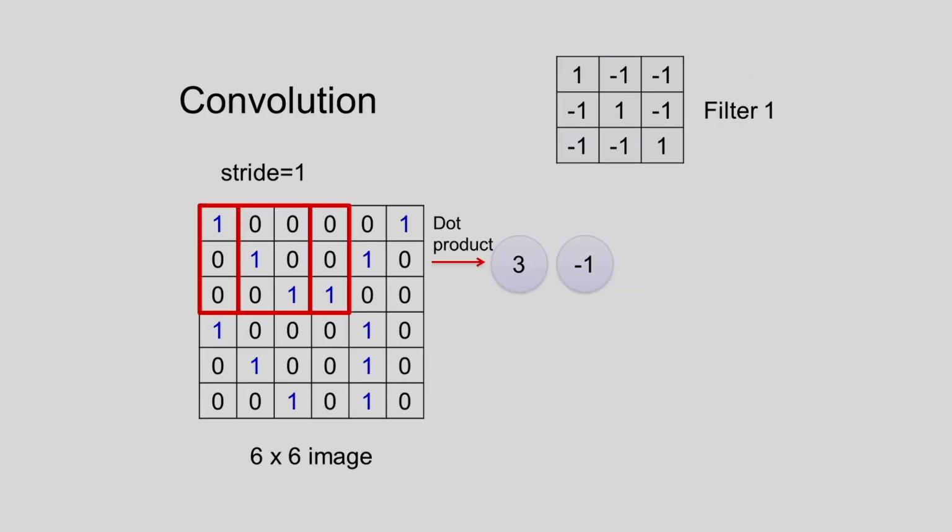If I apply the convolution between filter 1 and the image, I will be getting the output something like this, 3, minus 1, and I am considering stride 1. That means the filter is moved over the image by only 1 pixel.